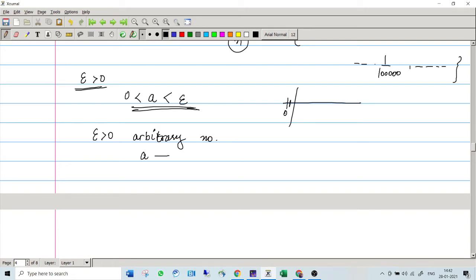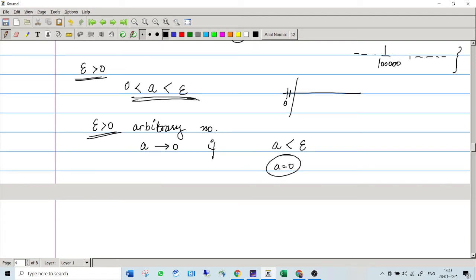This is written as a tends to 0, if a can be made less than any number which you can think of, like epsilon right here. And if epsilon is any number, we want to say that a is very close to 0, but eventually a will not be equal to 0. This is something different, right?